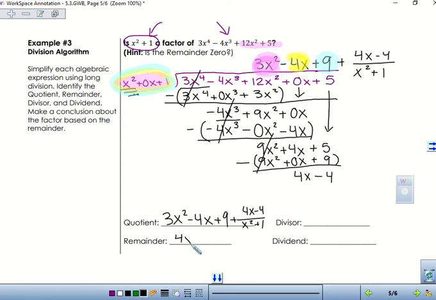Your remainder is 4x minus 4. Your divisor is what you divided by, which is x squared plus 1. And your dividend is what you divided into, which is 3x to the 4th minus 4x cubed plus 12x squared plus 5. So does anyone have any questions about how we got that?